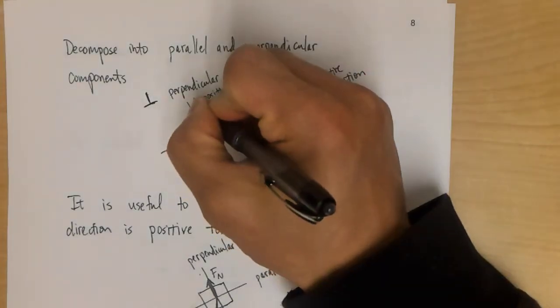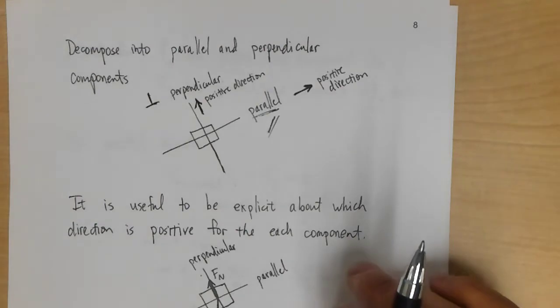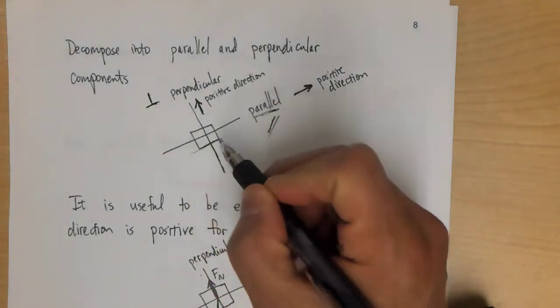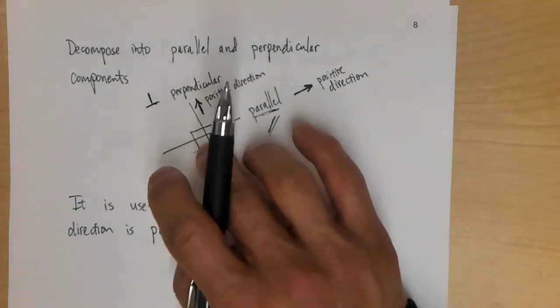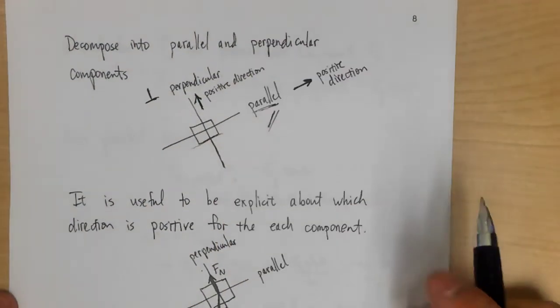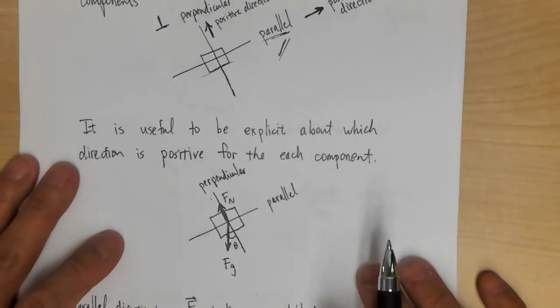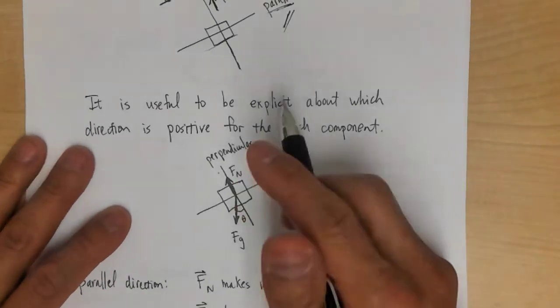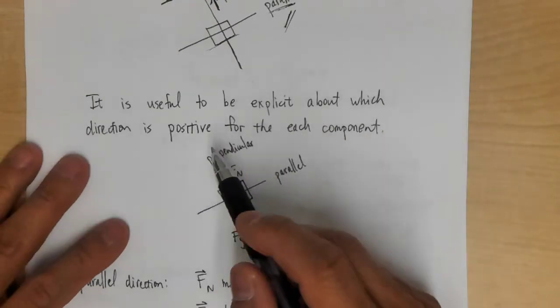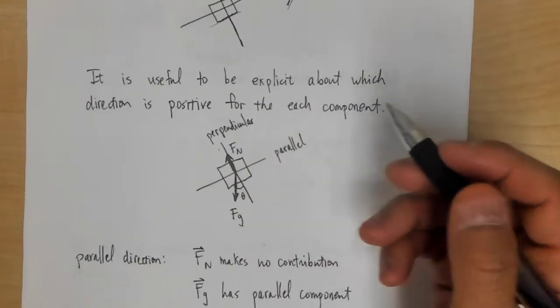We'll take the positive perpendicular direction to be leaving the plane, out like that. Okay, the plane's here. You're lifting the object off if you're going in the positive perpendicular direction. Now it's useful to be explicit about which direction is positive for each component.